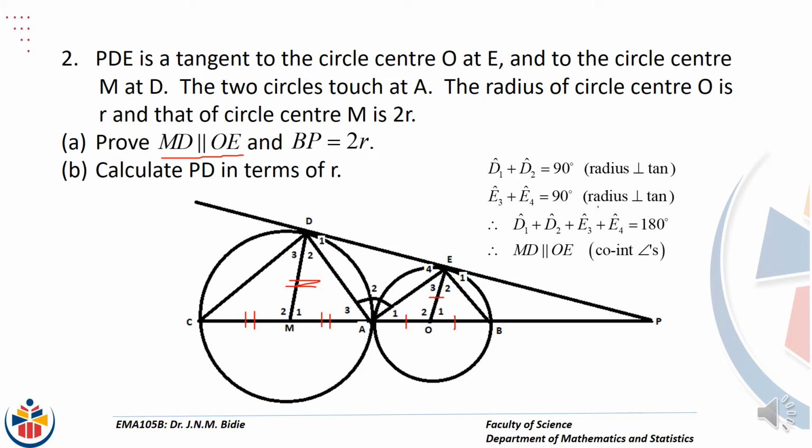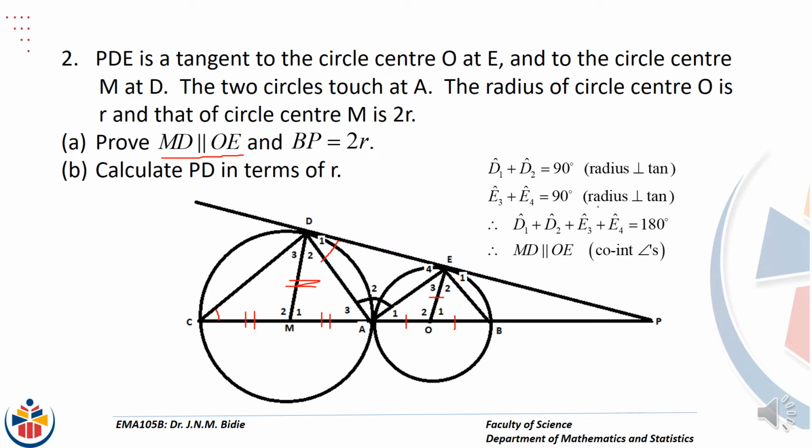Just to move on, just quickly checking all the angles that might be equal here, not necessarily helping us to prove that BP is equal to 2R, but I'm noticing that D1 is equal to angle C, angle in the alternate segment.